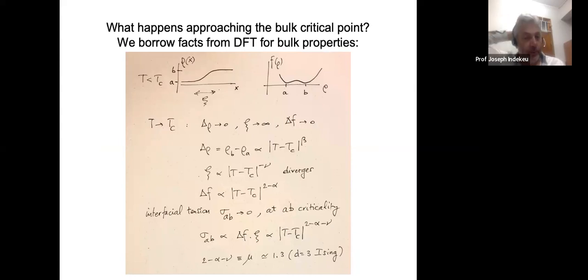We also discussed the width of the interface, which turned out to be the correlation length in the system. And we also pointed out the vanishing of the interfacial tension and the critical exponent associated with this vanishing of the AB interfacial tension close to the AB critical point.